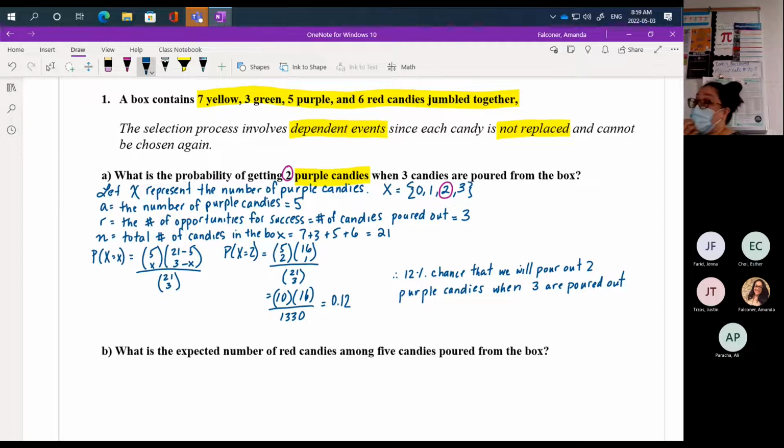They're very specific probabilities. Any questions on that?